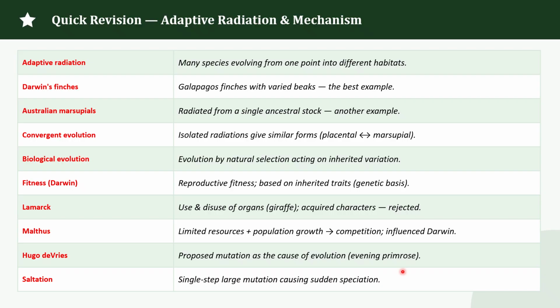Fitness means reproductive success based on inherited traits. Lamarck's theory is use and disuse, which is rejected. Thomas Malthus's competition for limited resources influenced Darwin. Hugo de Vries proposed the mutation theory, and saltation means sudden evolution due to large mutation.